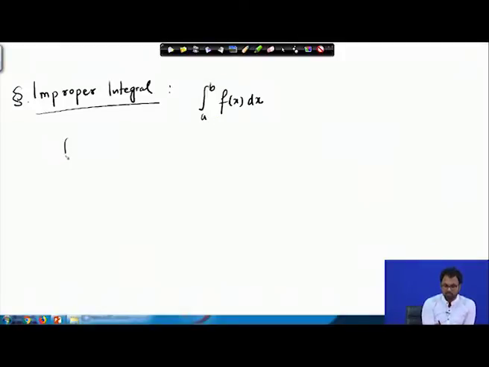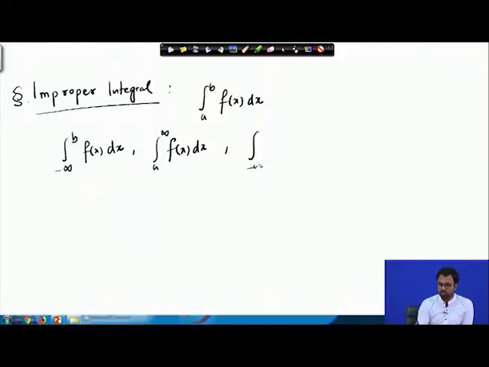It means that either the lower limit is infinity, or the upper limit is infinity, or both the lower limit and upper limit are infinity, or the lower limit and upper limit are fine, but the function is discontinuous or unbounded at a point in between these two points.